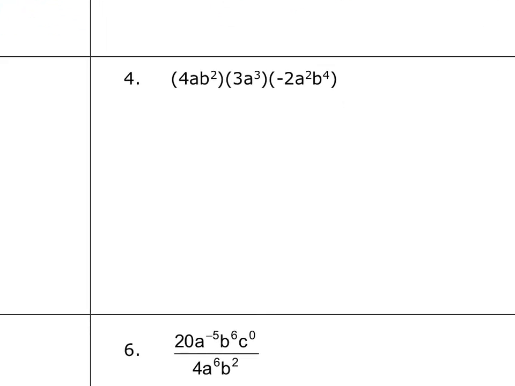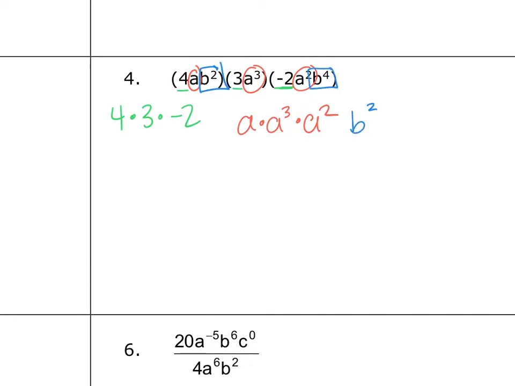Problem 4, I'm going to do the same thing. I have numbers 4, 3, and -2. For my A's, I have a cubed and a squared. And then for my B's, I'm going to box them. 2 and B to the 4.